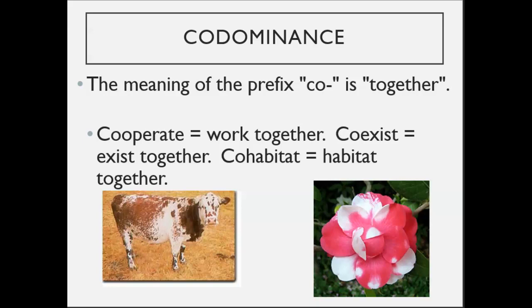You don't see a mixture, you see both colors. So in these examples, you see brown and you see white. And then in this flower here, you see red and you see white. You don't see pink. You see spotted. Okay, so that's what codominance tends to be: things that are spotted or striped or mottled, or things like that.